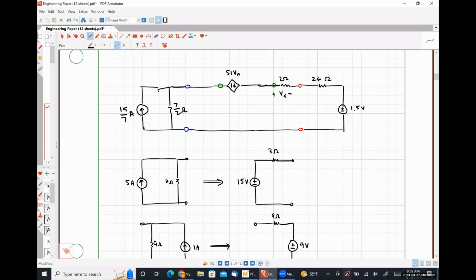Then I converted that practical current source on the left into a practical voltage source. So that would be 15 over 7 times 7 over 2 gives me 15 over 2.